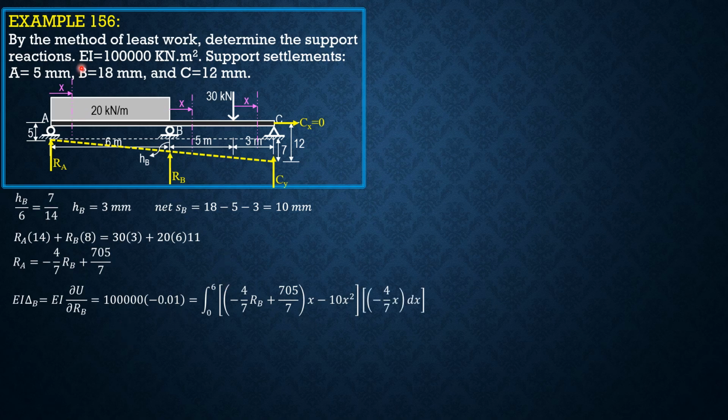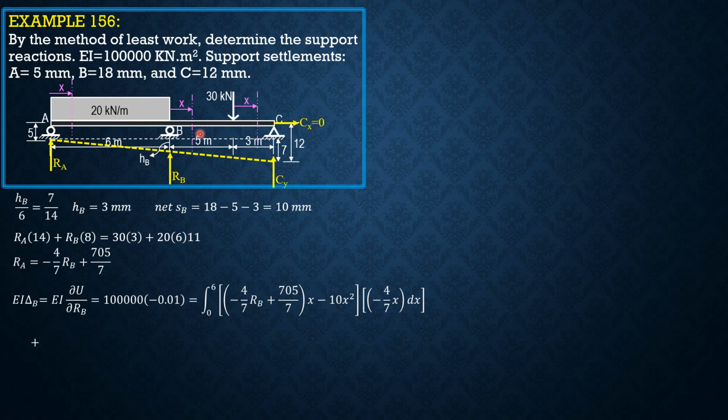So integral 0 to 6 of RA times x, which is negative 4 over 7 RB plus 705 over 7. Do not write this as RA, but write that in terms of RB because there's only one redundant force. This is indeterminate to the first degree. Plus 705 over 7 times x minus 20 times x over 2, or 10x squared. The derivative of this moment equation with respect to RB is negative 4 over 7 x. That's why you have negative 4 over 7 x dx.